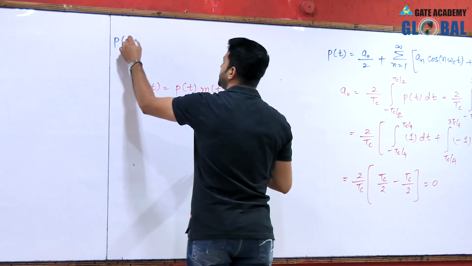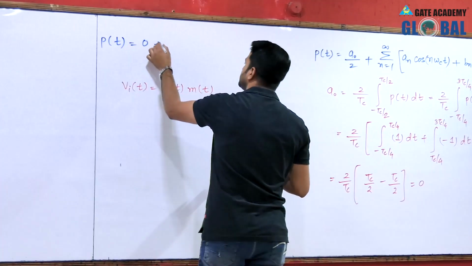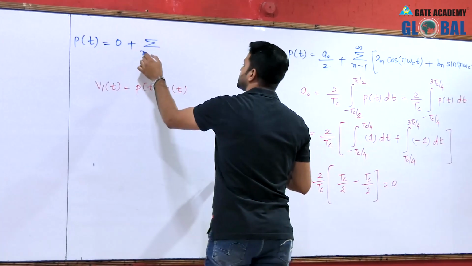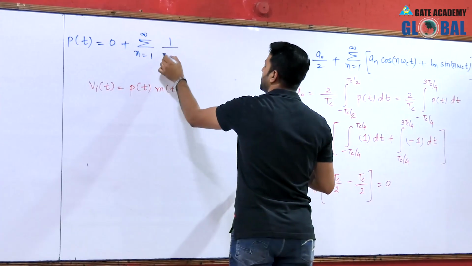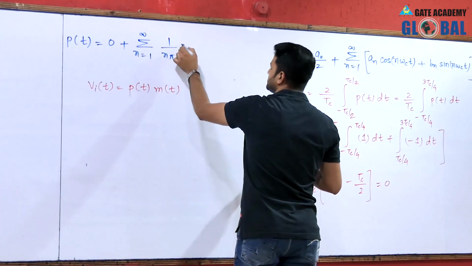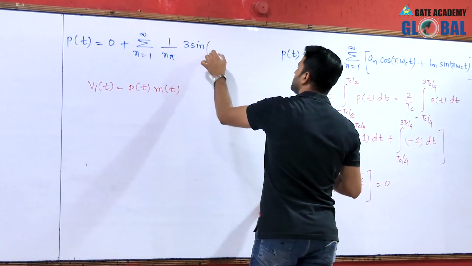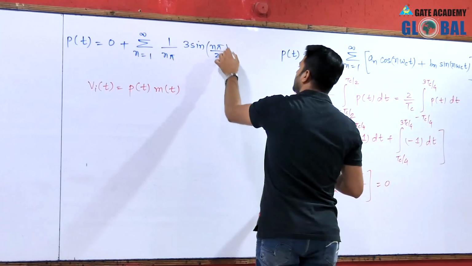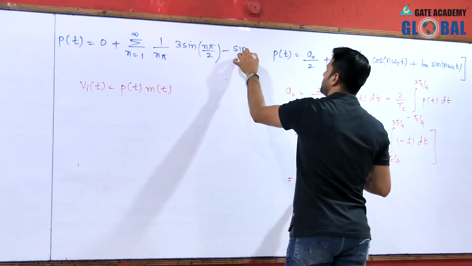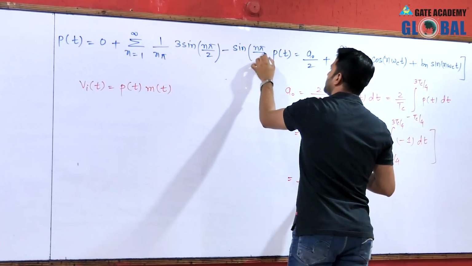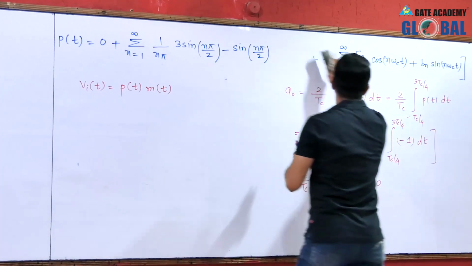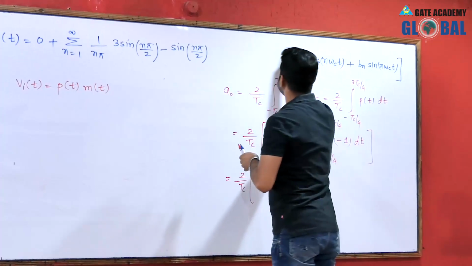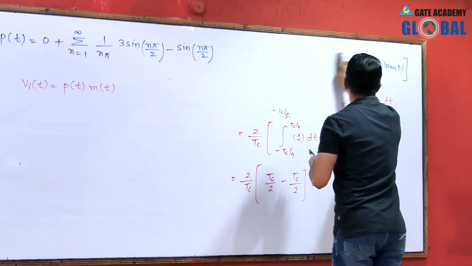So the value of Pt is A0 by 2, where A0 is 0, plus summation n equal to 1 to infinity of An, where An is 1 upon n pi, 3 sin n pi by 2 minus sin 3 n pi by 2, multiplied with cos n omega ct.